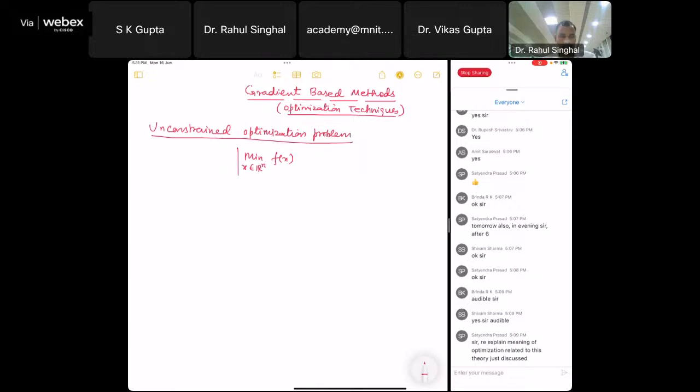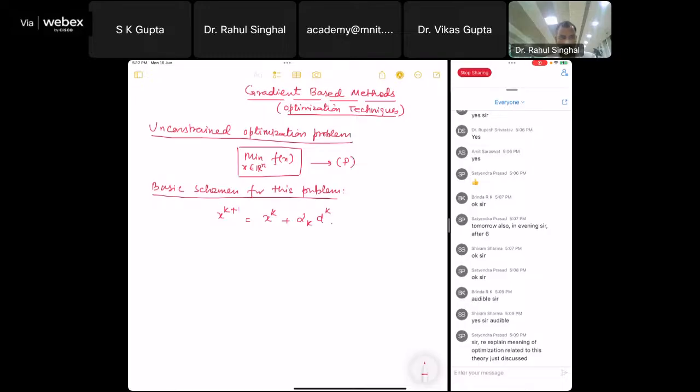So for this simple problem, how can we find some such techniques? First of all, the basic scheme for this problem, or for any optimization problem, is x_{k+1} = x_k + alpha_k d_k.